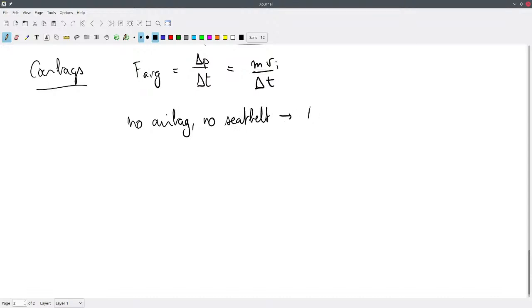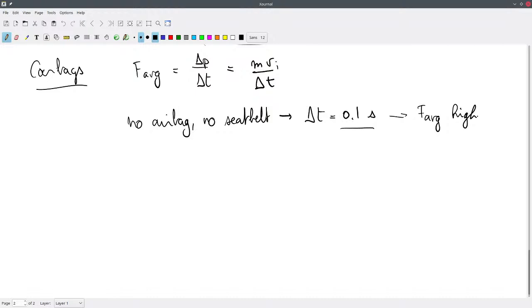Then let's say delta t is not 0.1 milliseconds, let's say it's 0.1 seconds. So you hit the steering wheel, bam. That's a short time interval, so the average force will be high.